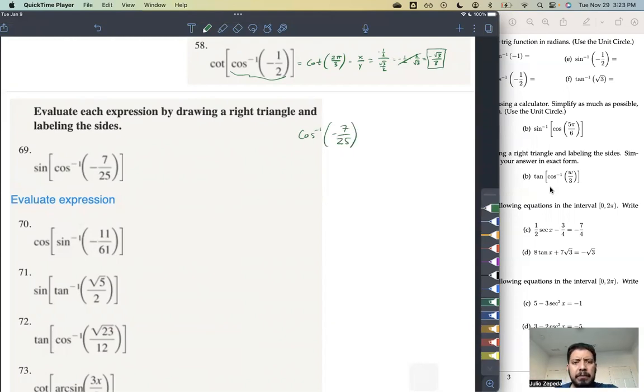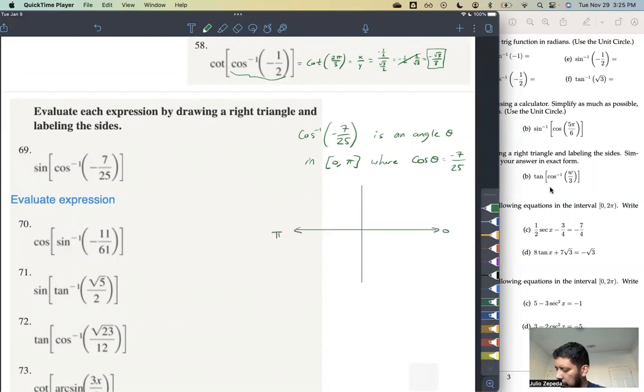What does this cosine inverse of negative 7 over 25 mean? This is an angle theta in the interval from 0 to pi, where the cosine of that angle theta is equal to negative 7 over 25. Okay, so let's go ahead and draw where 0 and pi are.